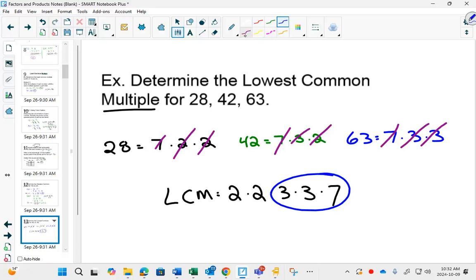Double that is 252. So if we use our prime factorization, our life can be easy.